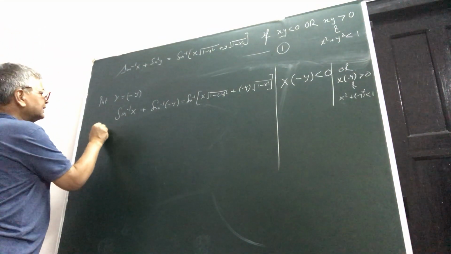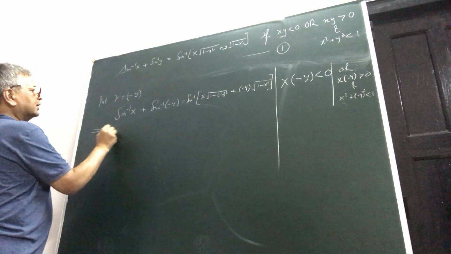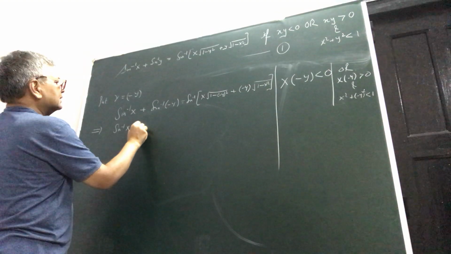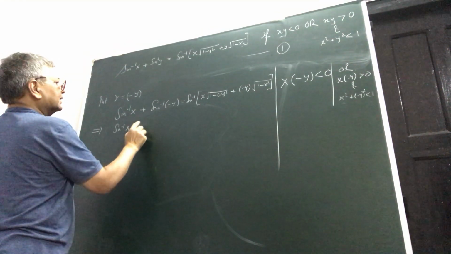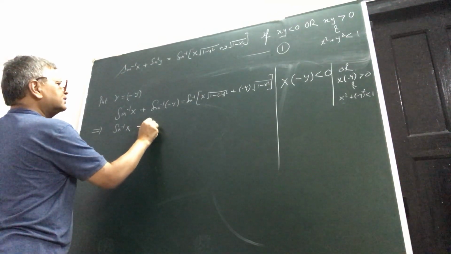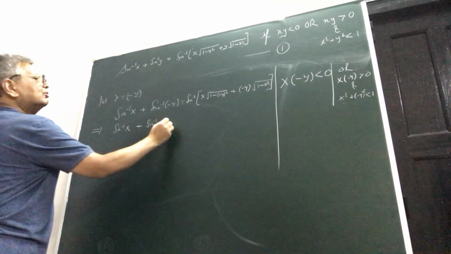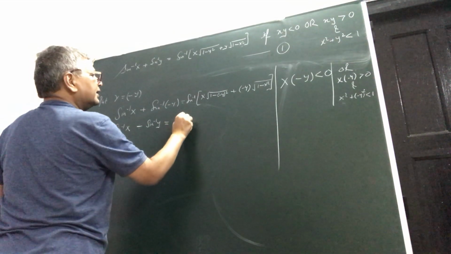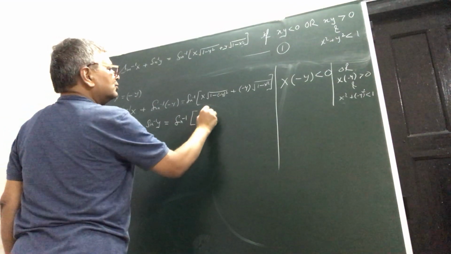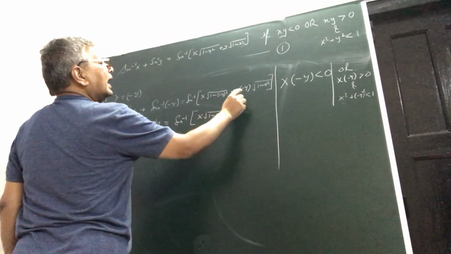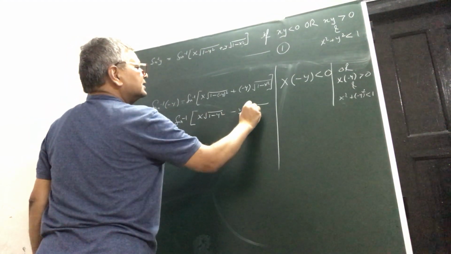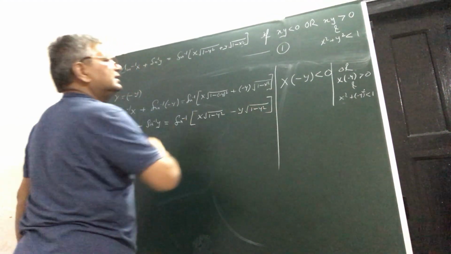This implies what? Sin inverse x plus, and this plus with this minus, because sin inverse of minus y is minus sin inverse y, so I will make it minus sin inverse y, is equal to sin inverse of, please see, x under root 1 minus y square, and because of minus y this will become this thing.